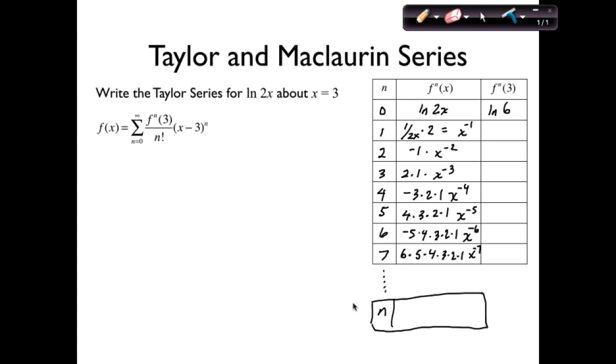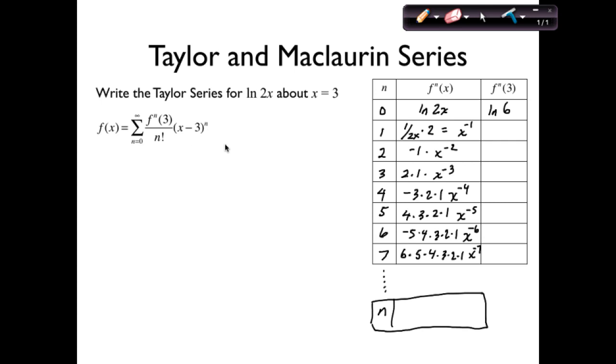Okay, so writing it out this way is really helpful for then trying to figure out what the nth term is. So this is like we're looking at a sequence now. We're trying to figure out what the nth term is, because that will help us now write the Taylor series. Because we'll have the derivative, right? We'll do that at 3, and then we'll need the n factorial, and then we'll need the x minus 3 to the n, and then we have it.